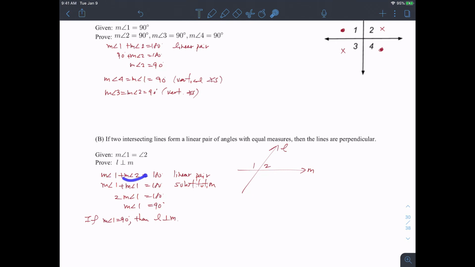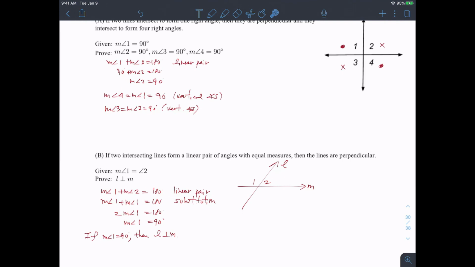But I can substitute 1 for 2 because they're equal to each other, right? And then we end up with twice the measure of angle 1 equals 180. So divide both sides by 2, and the measure of angle 1 is 90 degrees. Therefore, when 2 lines intersect so that you get a right angle, we say they're perpendicular. So that's the conclusion that we have.